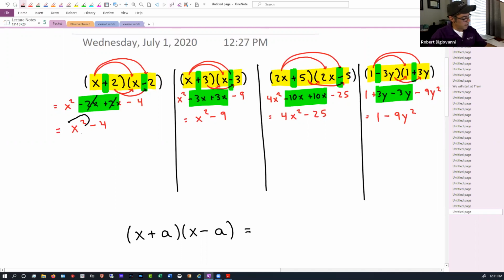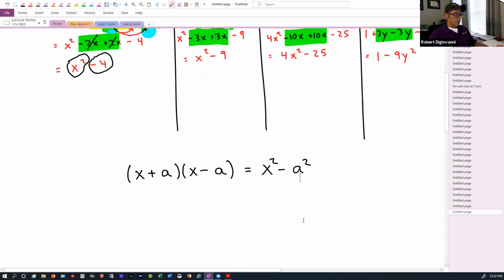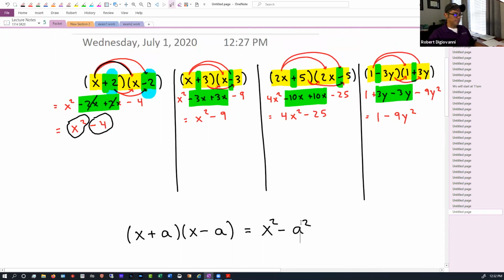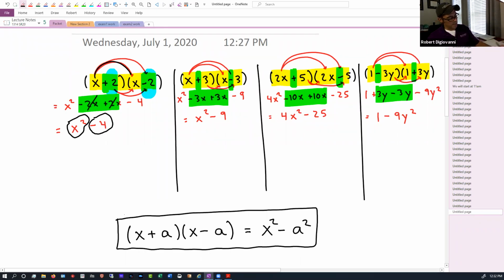This x squared comes from that first multiplication, so we should get x squared here. And then the other piece is always the last 2 being multiplied together. And so we should get down here minus a squared. All of those have that pattern. And this right here is a very common formula. This is called the difference of squares formula.